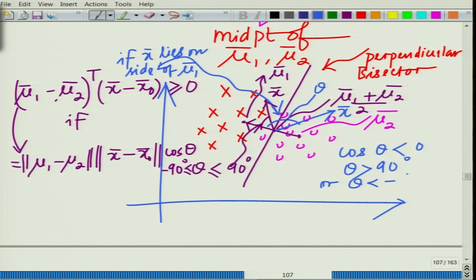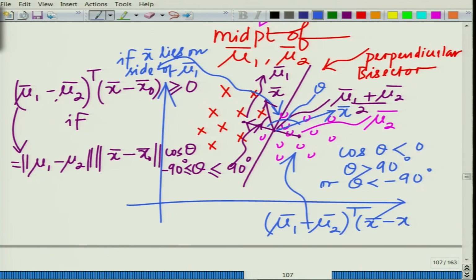And when this cosine theta is negative, then for all points on this side of the hyperplane you will have mu1 bar minus mu2 bar transpose x bar minus x naught bar essentially less than 0.